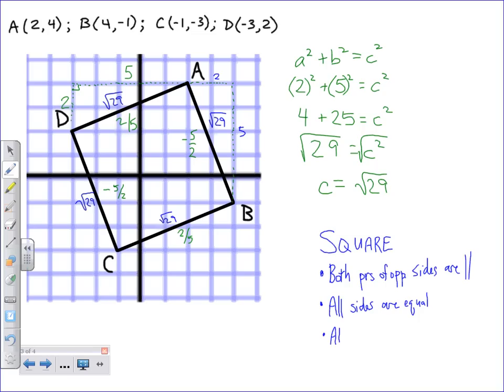And all adjacent sides are perpendicular, which means that we have 4 right angles.